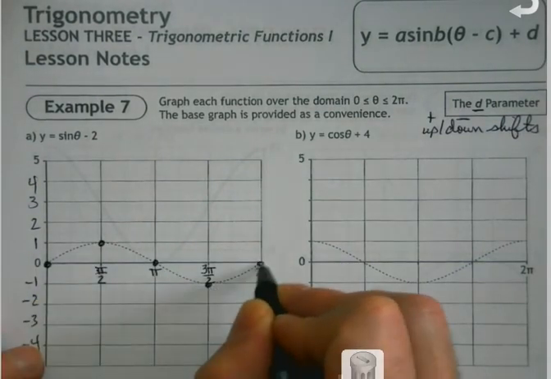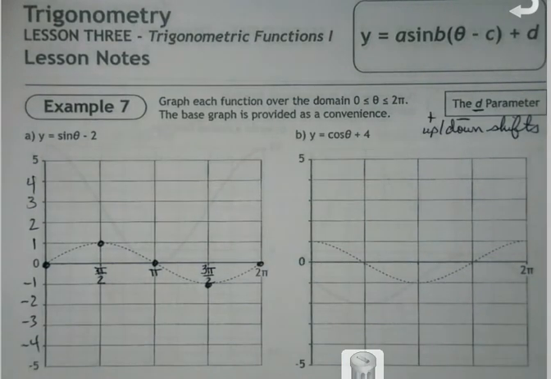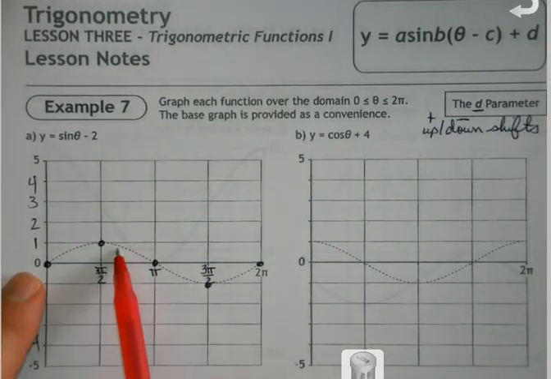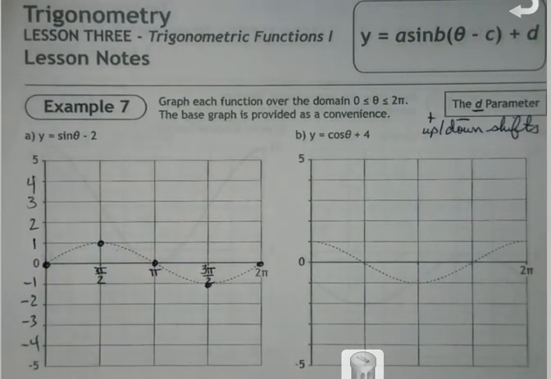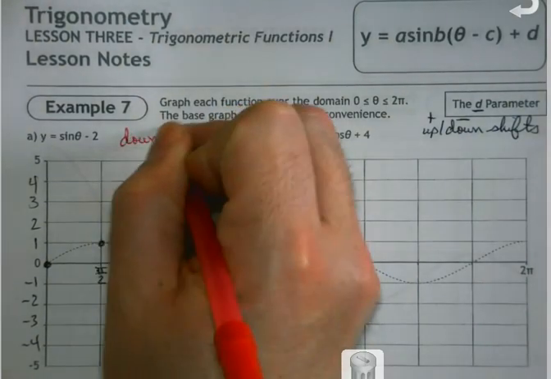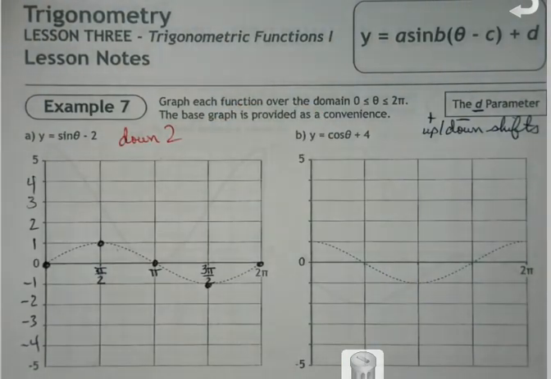And this is why I say this is easier, because once you've made the sine graph a bunch of times, it just becomes second nature. You're like, okay, quick sketch this. And I start looking, and I see I've got sine of theta, my base graph, -2. What's the -2 mean? Which direction are we going to be going? Down.